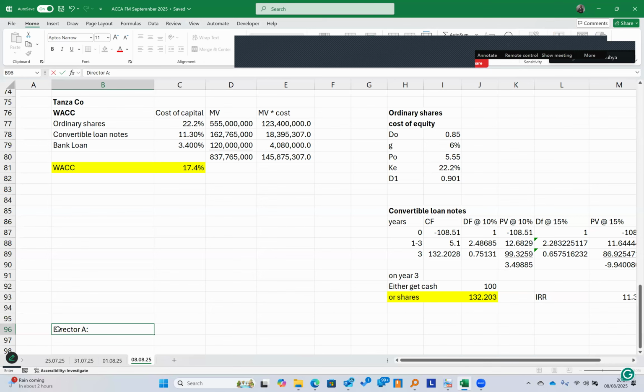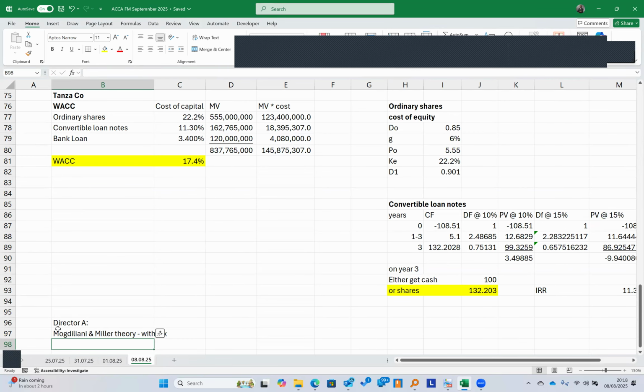And that theory, so Director A is considering the Modigliani and the Miller theory, but with the tax, because there are two theories, one without tax and one with tax. The one without tax says it does not matter what gearing you have, because the cost of capital kind of balances itself out and it stays the same. But the one with tax says that whenever you increase gearing, your WACC reduces.